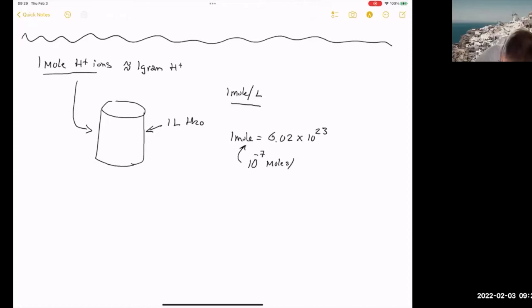That would be a reasonable number that you would see. Even that is actually not really compatible with life, but it's a bit more reasonable.